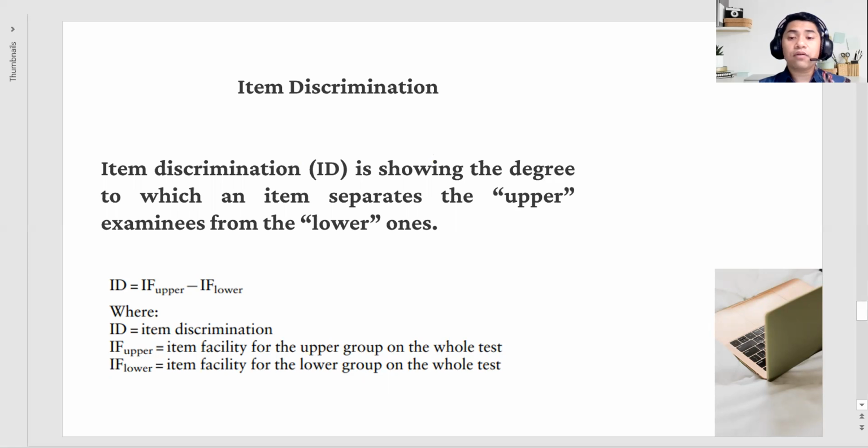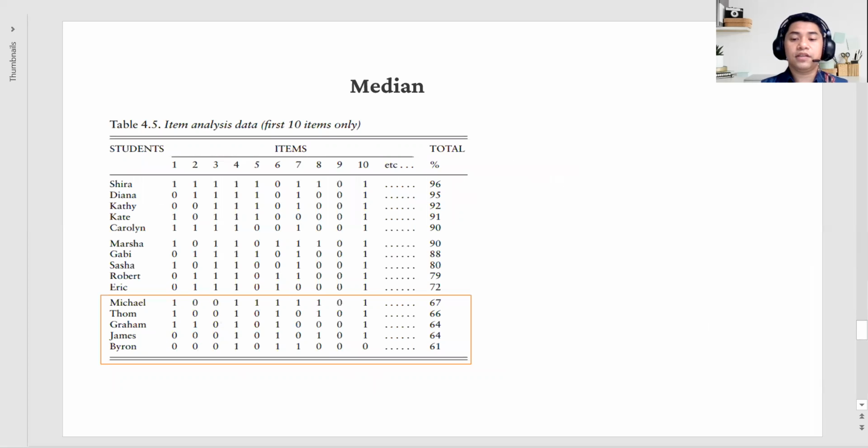So the question is, how can we differentiate between IF lower and IF upper? And the answer is using the median. In this table, we can see the median percentage, which is stated as 67% and below. So 72% and above belongs to the IF upper value.